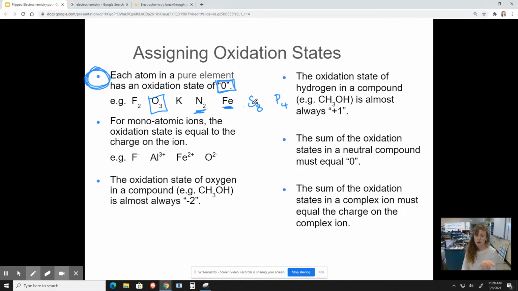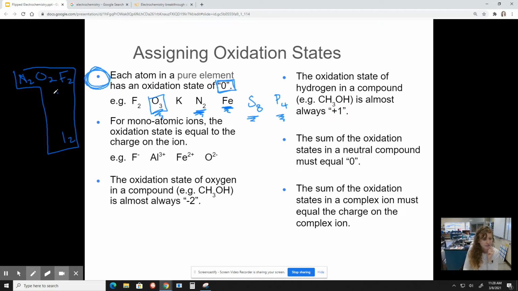Now, what do you have to know? Hopefully you're familiar with sulfur and phosphorus and ozone at this point in time, and you can recognize them as elements. But the only thing the test actually holds you accountable for are the monatomic elements and the 7 diatomic elements. Remember, the 7 diatomic elements make a 7 on the periodic table that starts with nitrogen and goes down to iodine.